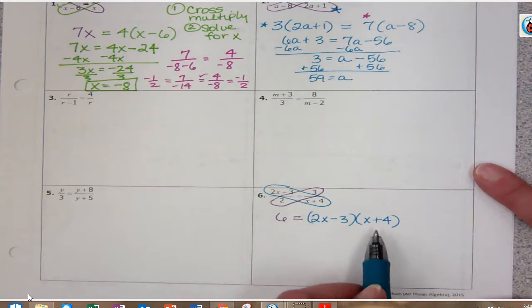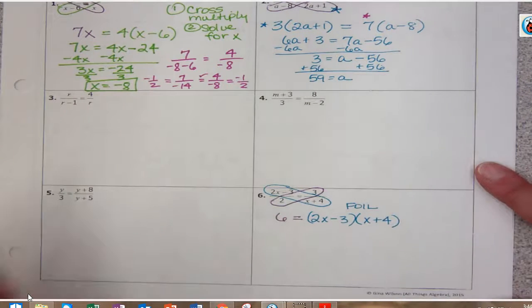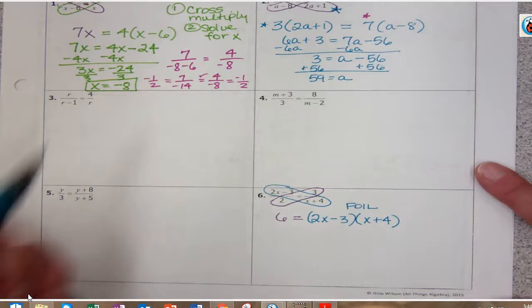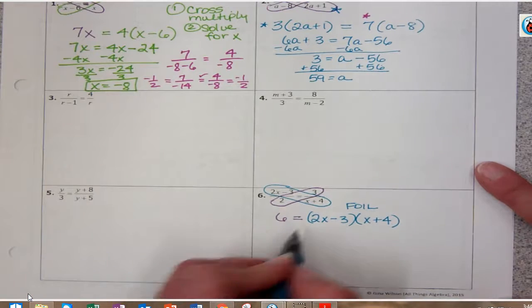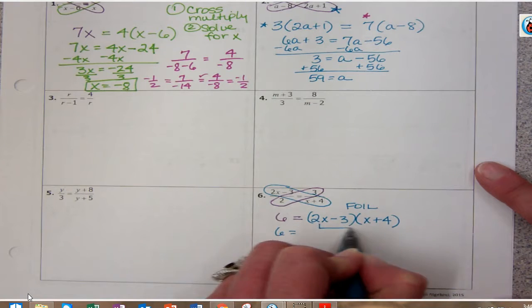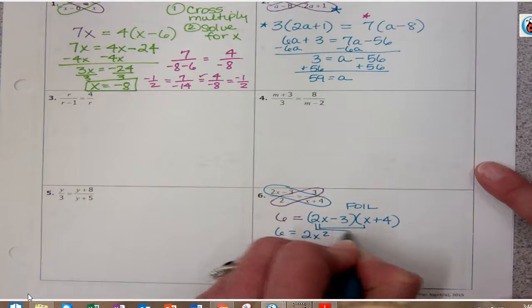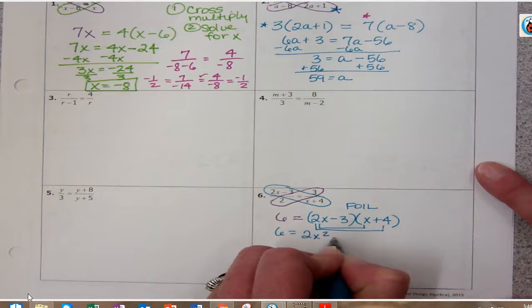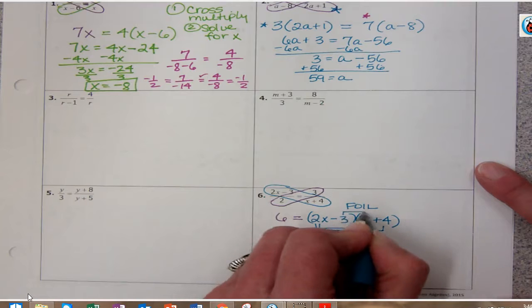I've got two binomials, and so we know we need to FOIL. Right? Up above we were just distributing. Here we were just distributing. Now we need to FOIL these. So when I FOIL, my first is going to be 2x squared. My outside is going to be plus 8x.